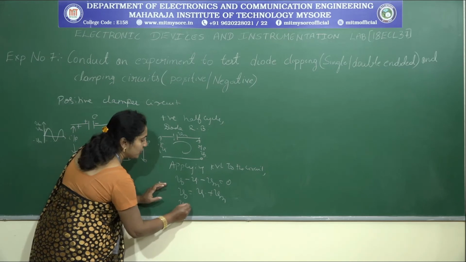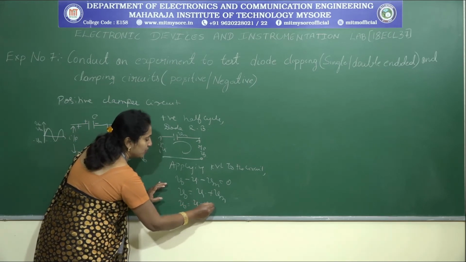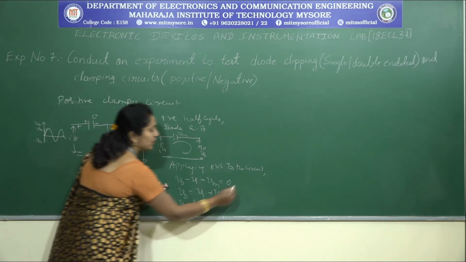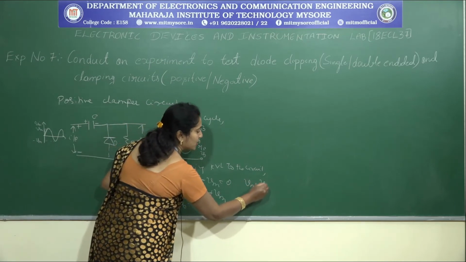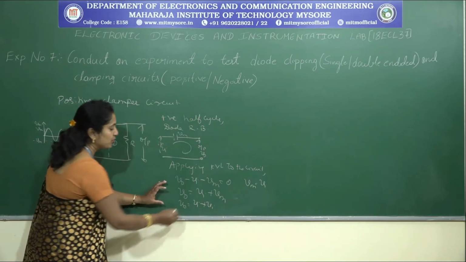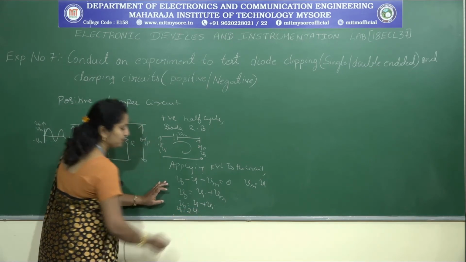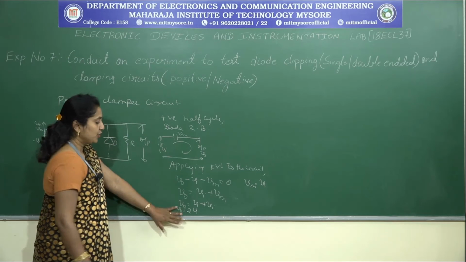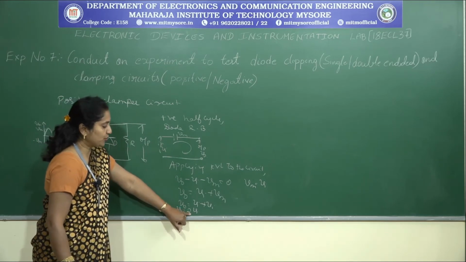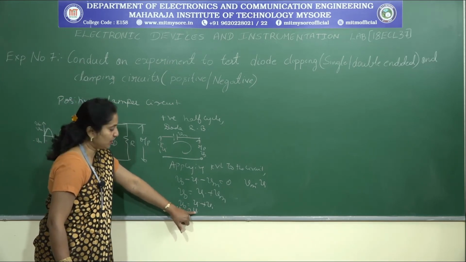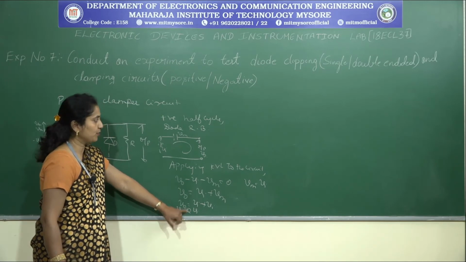So V0 is equal to Vi plus Vi, that means V0 is equal to 2Vi. So that means your output is going to shift the level to 2 times the input.